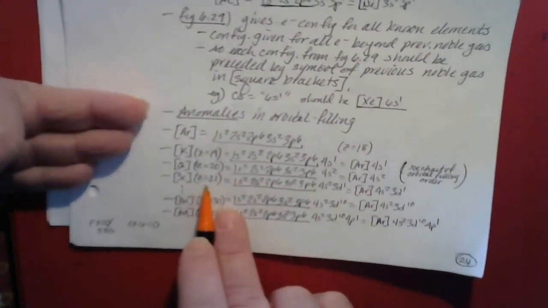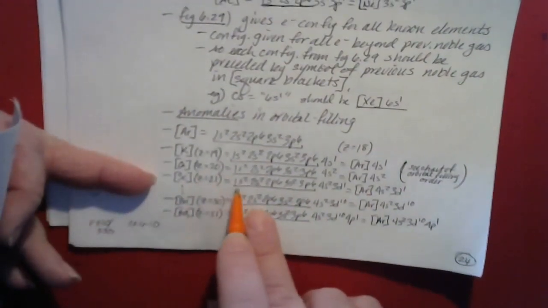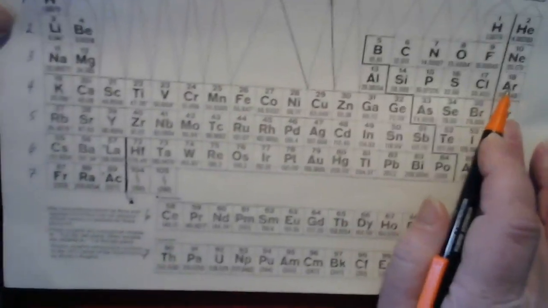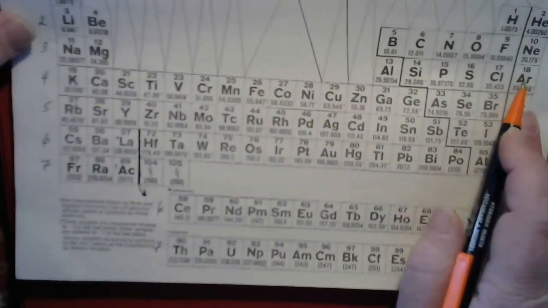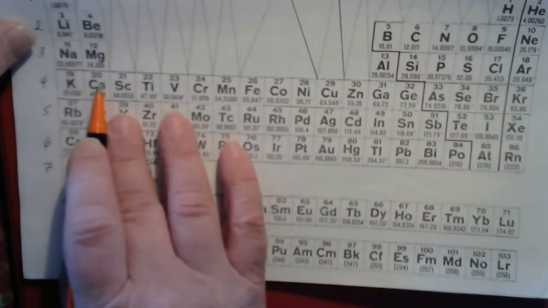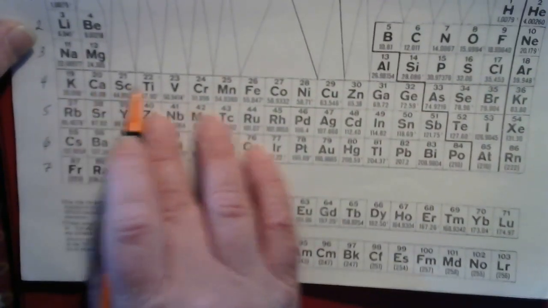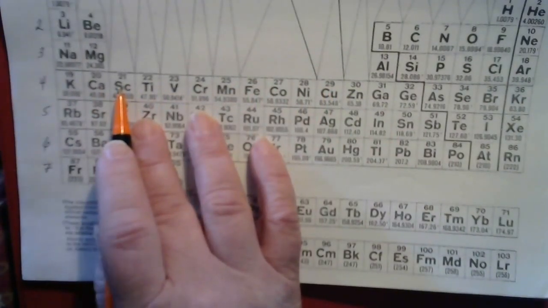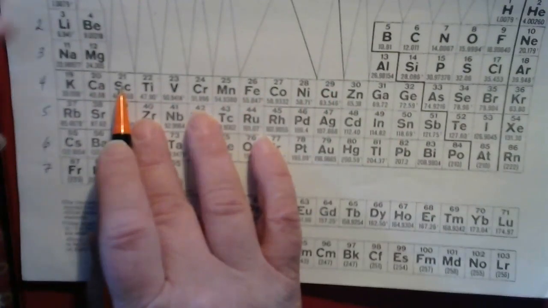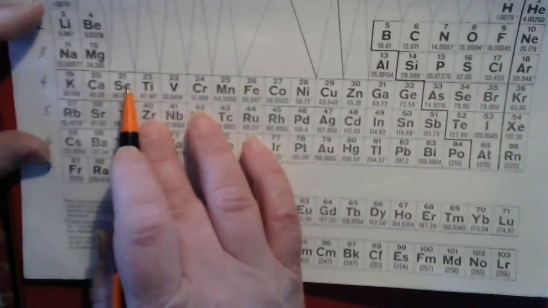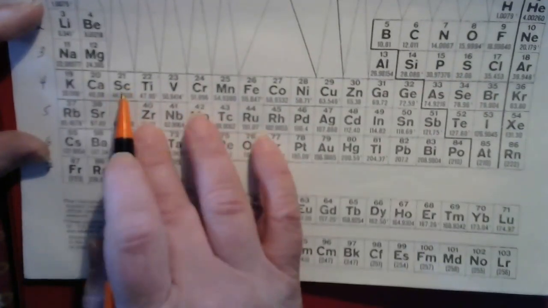Scandium, with an atomic number of 21, has 3 electrons beyond argon. So you'd have argon 4s1, argon 4s2, and the next, now we're in the d block, but remember the d electrons would be for n minus 1. So you'd have argon 4s2, 3d1 for scandium.